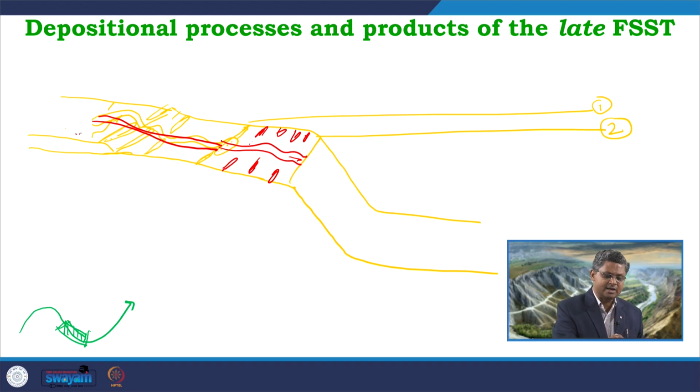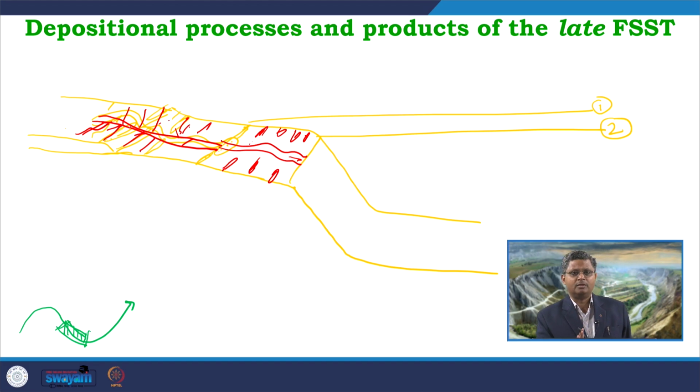So, this area is now facing an extreme amount of erosion, and there will be several tributaries forming over here, and the remnants will be very few. The remnants which were preserved during the early FSST will be reworked, will face further erosion, or will face very strong pedogenic activities.